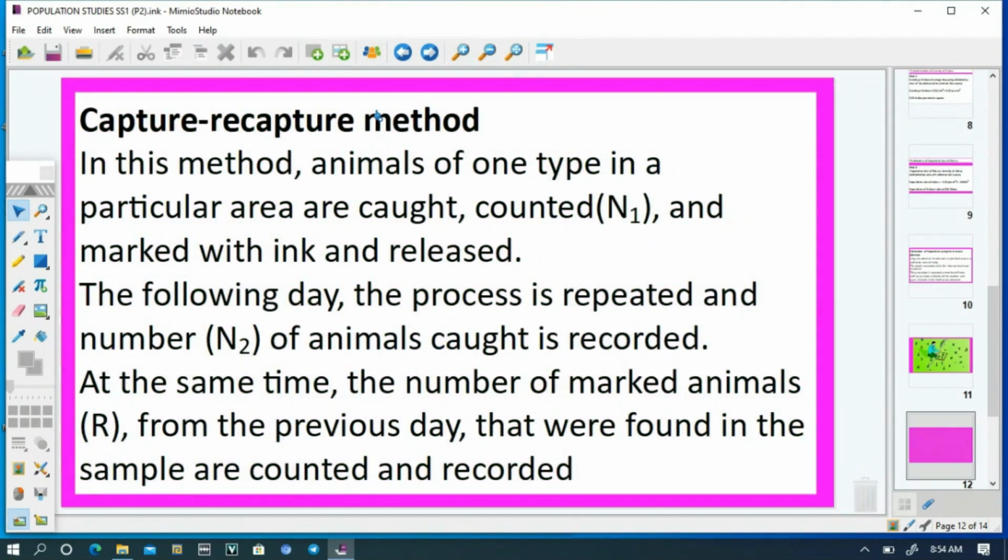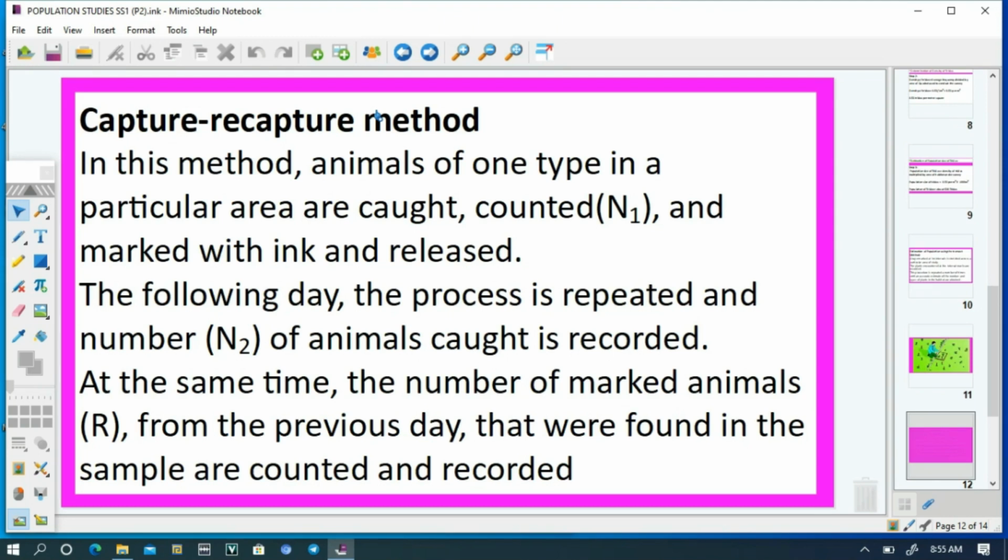The use of the capture-recapture method to determine the population of organisms. In this method, animals of one type in a particular area are caught, counted, and noted as N1, and marked with ink and released.